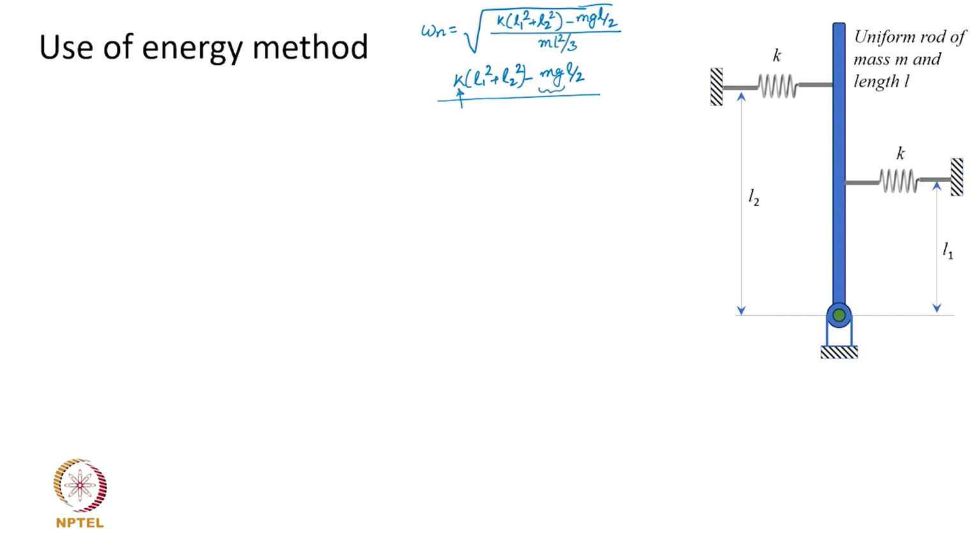Just imagine that the springs are so floppy and so light in the sense of their spring rate that, in comparison, the mass of this bar is so large that if you disturb it slightly on either side, and the springs do not provide reasonable restoring force, it is quite possible that the moment of the gravity acting on the bar will pull it continuously without going back to its mean equilibrium vertical position.